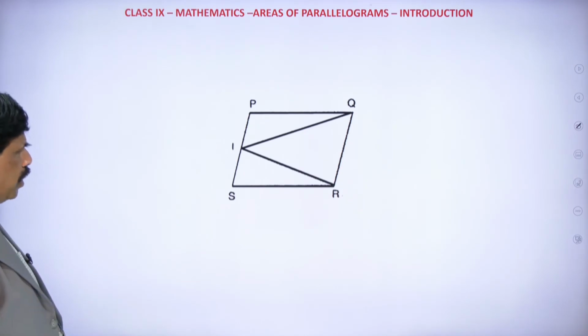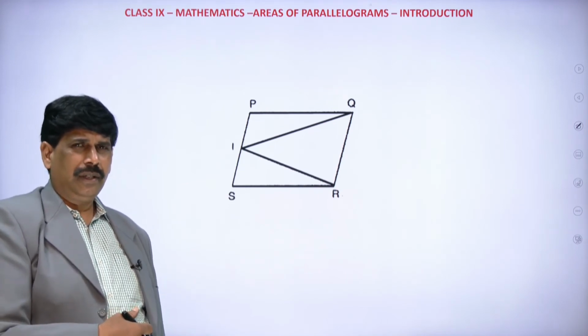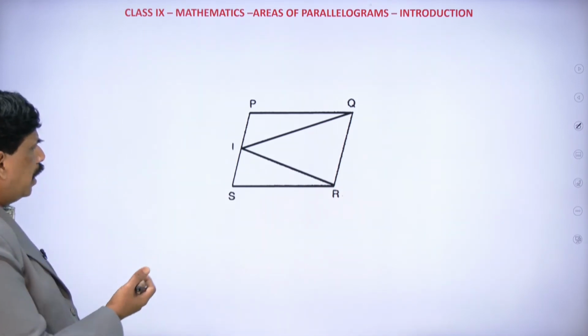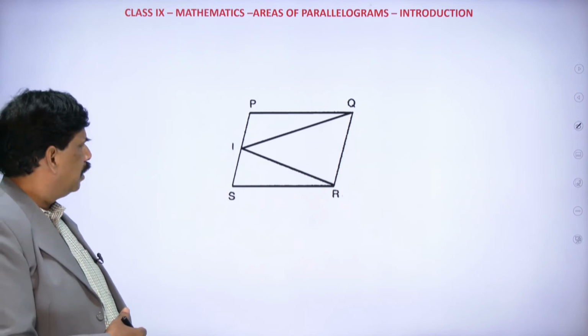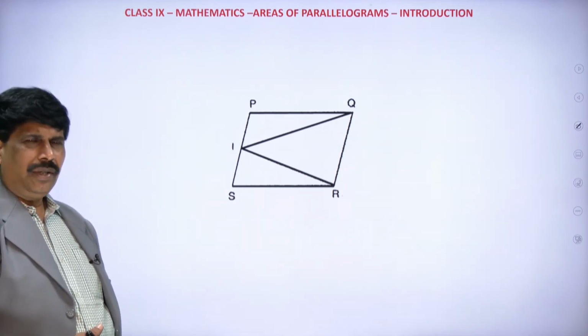You look at here, what you are seeing. This is something identical to the first one we have done. So PQRS is a parallelogram and QRI is a triangle here.